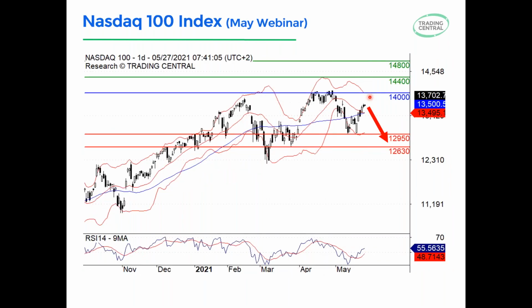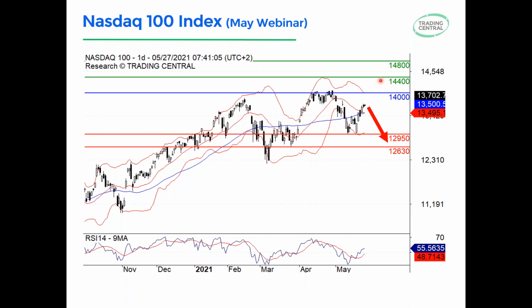Now this is the Nasdaq 100 index, the 100 biggest technology stocks. This is a slide that I showed you in the last webinar at the end of May. At that time I said we have to see a break above 14,000 points at the Nasdaq 100 index to make a reversal.